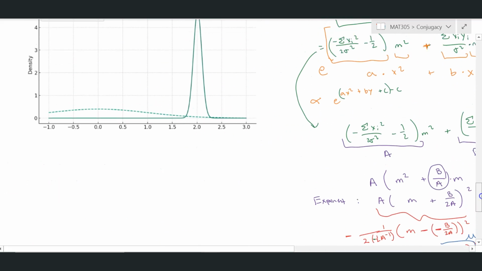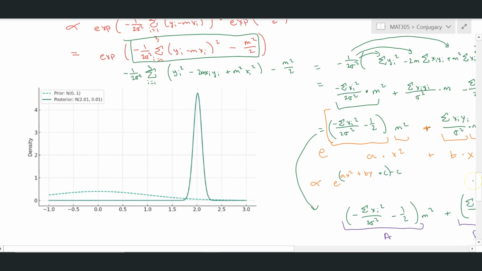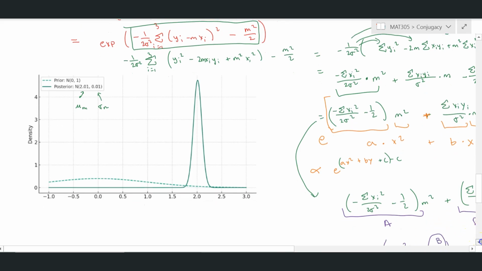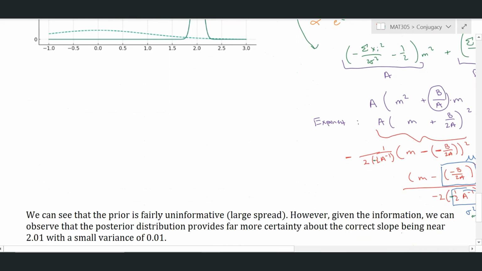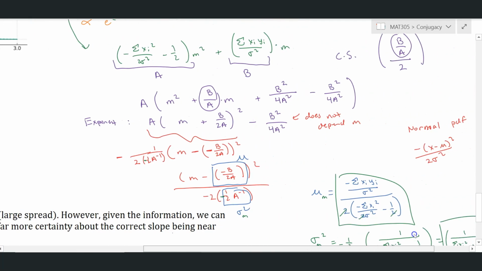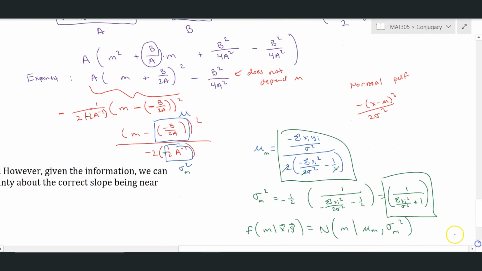Now let's take a look at what we would actually have here in the situation where we had the data that we had. We would end up with a mu sub m of 2.01 and a variance of 0.01 when we plugged our data into the expressions that we just came up with for mu sub m and for sigma sub m squared.